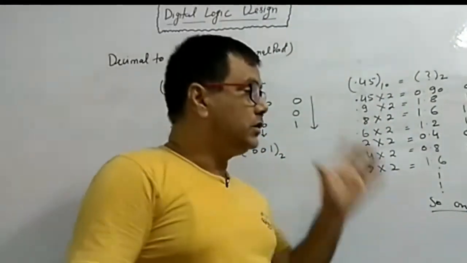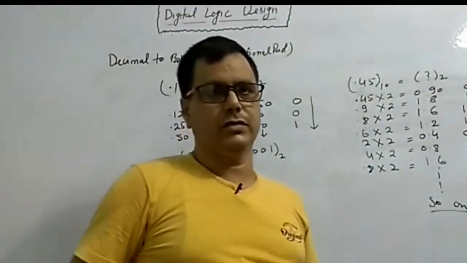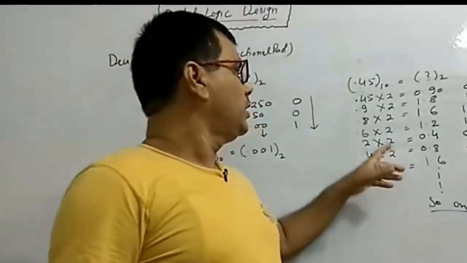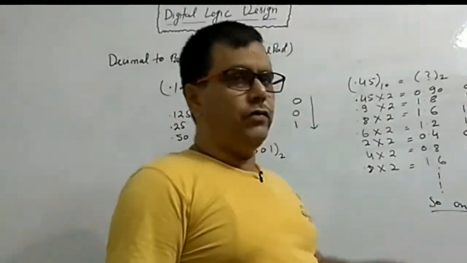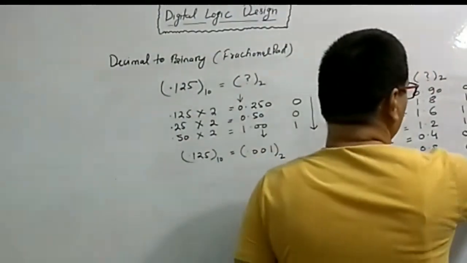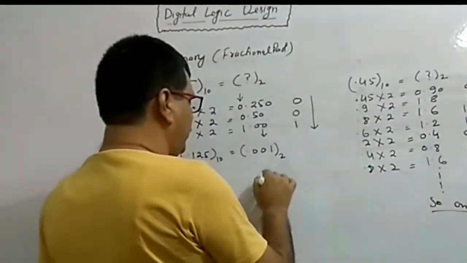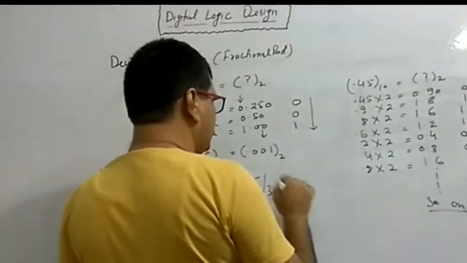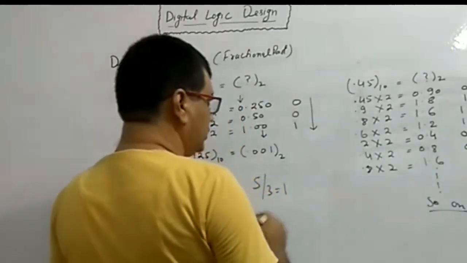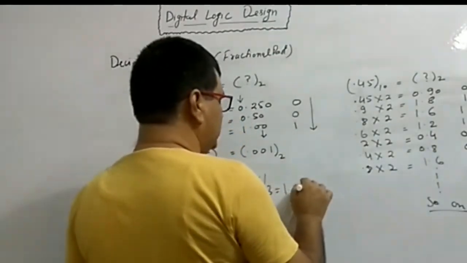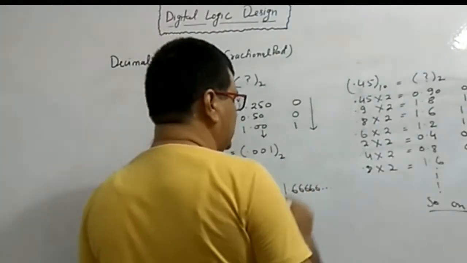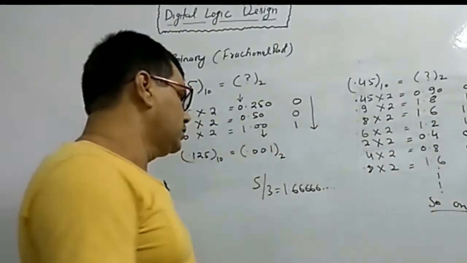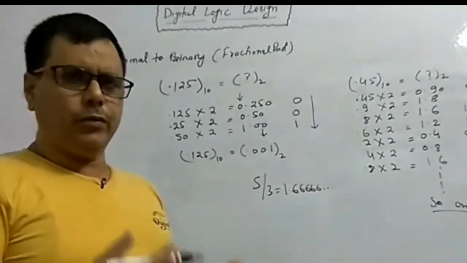Now look here, the difference between this and this. This is actually like an irrational number. This will keep on going. For example, if you divide 5 by 3, what result do you find? 1.666 and so on. What you will do is take a round-off approximate number.